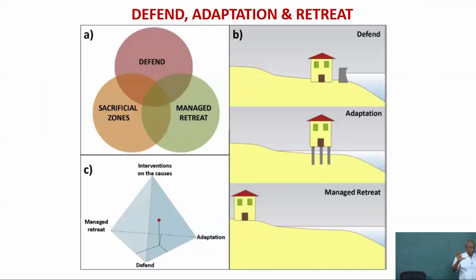Broadly, the protection measures can be adopted as defend, adaptation and retreat. Whatever may come, I will stop the force. That means I need some kind of protection measure, as you can see here. These are called walls or sea walls.